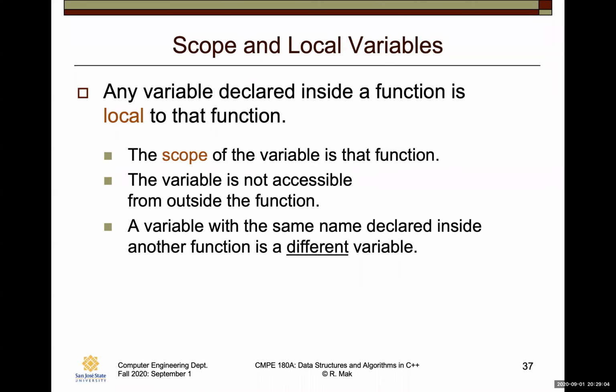You can say here's a variable and its scope is the function that it is declared in. Or you can say here's a function and it has all these local variables that are declared inside the function. So there are two different ways of saying the same concept.